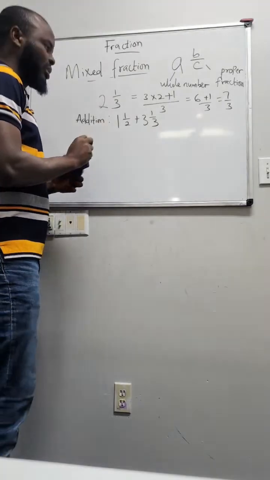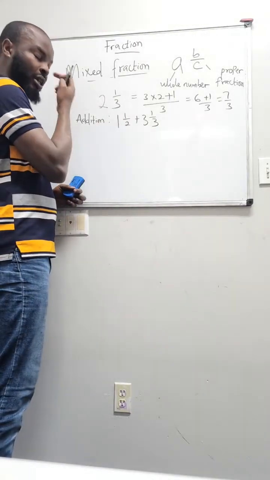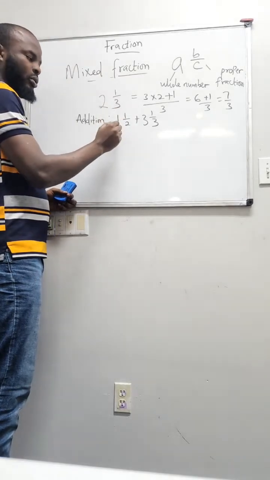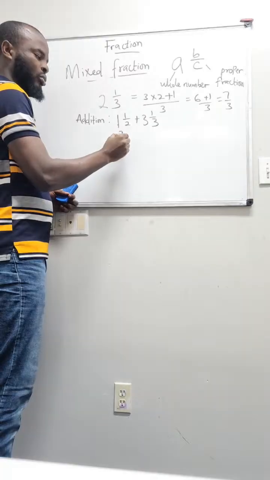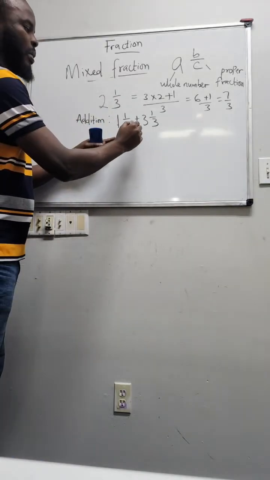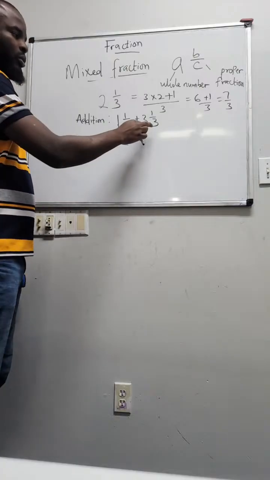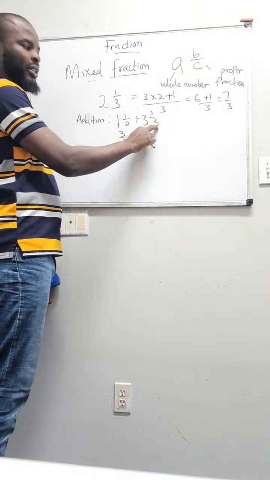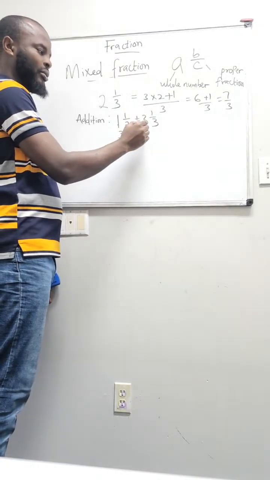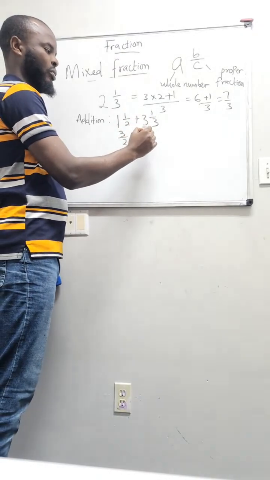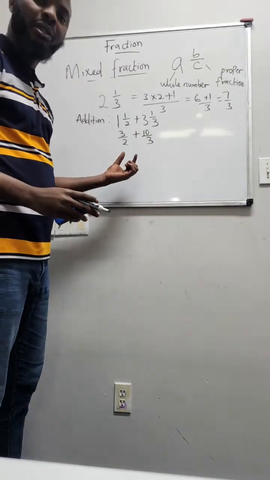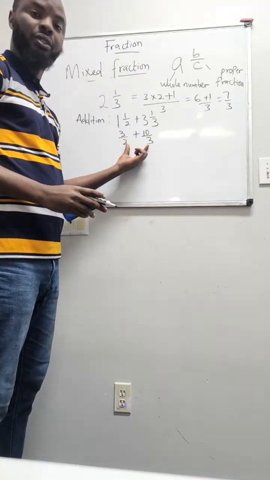One whole number 1 over 2: 2 times 1 is 2, plus 1, 3 over 2. So you can convert this to this. Plus, to convert this to improper fraction, we have 3 times 3, which is 9. Plus 1, we have 10 over 3. So we've converted the mixed fraction to an improper fraction.